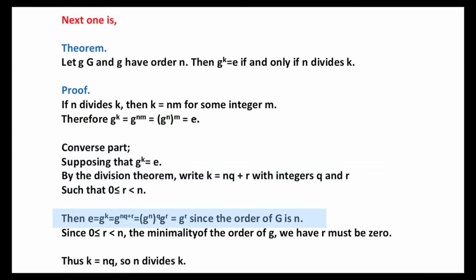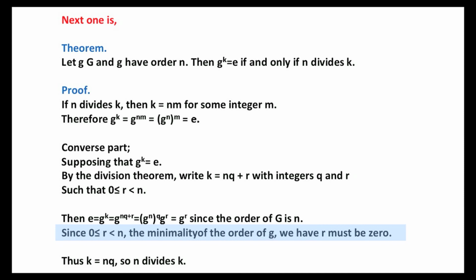Then E is equivalent to g to the power k, which is equivalent to g to the power nq plus r, which is equivalent to g to the power n the whole power q times g to the power r, which is equivalent to g to the power r, since the order of g is n.